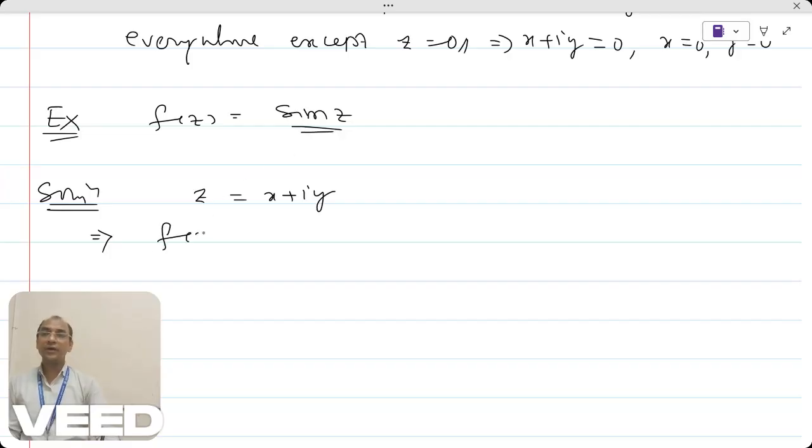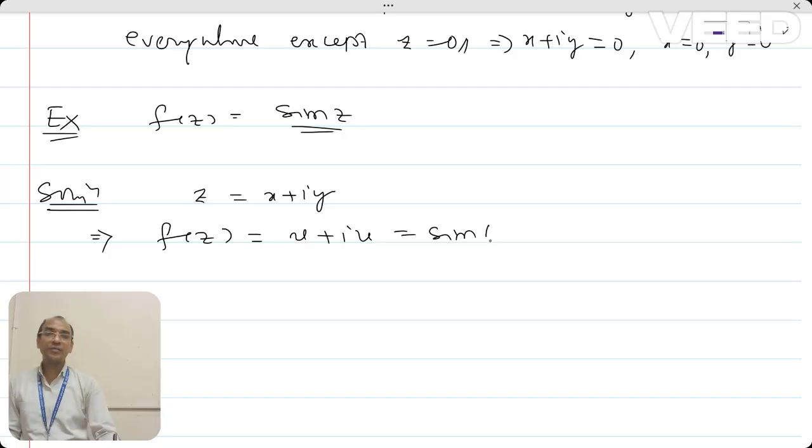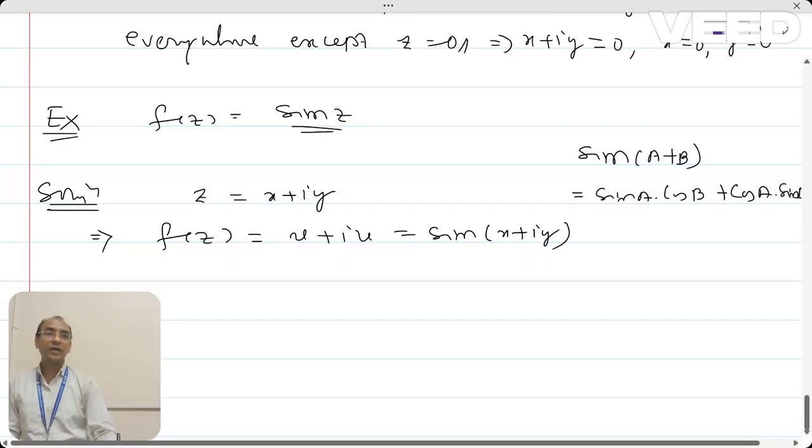So we have f of z, which is nothing but u plus iv, and sin of z means sin of x plus iy. You know the formula of sin of a plus b: sin a cos b plus cos a sin b. Now here a is x, b is iy.